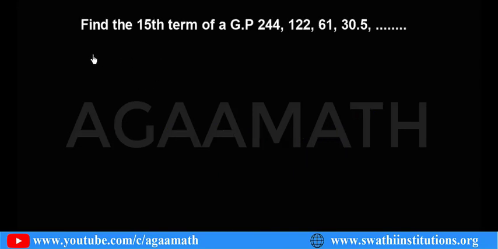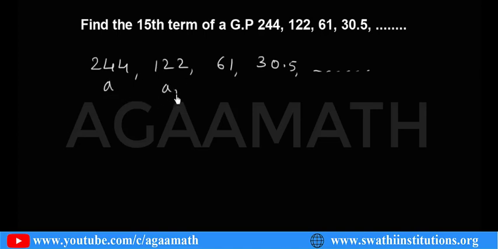The question is, find the 15th term of the GP 244, 122, 61, 30.5, and so on. Let me write the sequence first: 244, 122, 61, 30.5, and so on. This is the first term, this is the second term, the third term, and the fourth term.